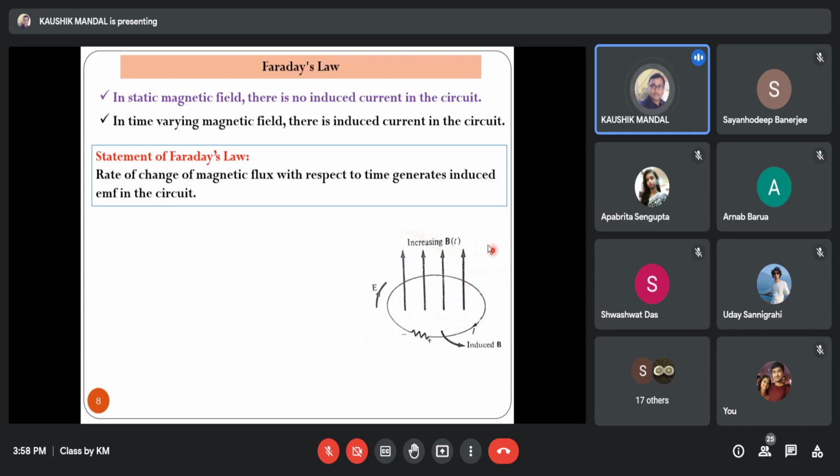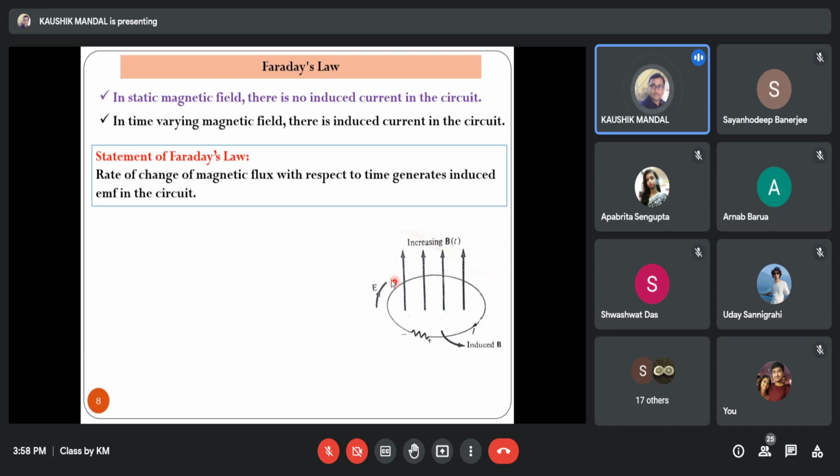That is, the change in magnetic flux with respect to time will generate the induced electromotive force, which will induce the current in the circuit.